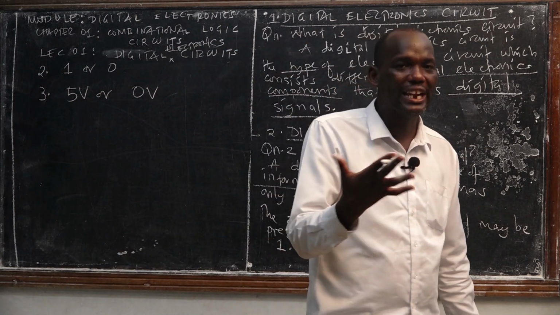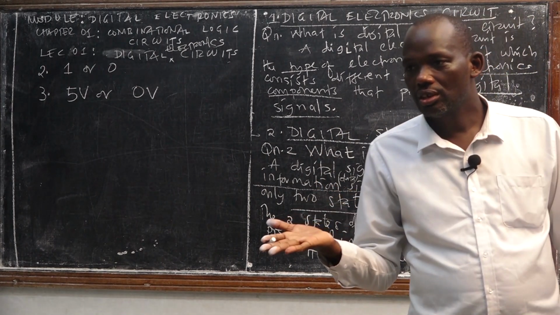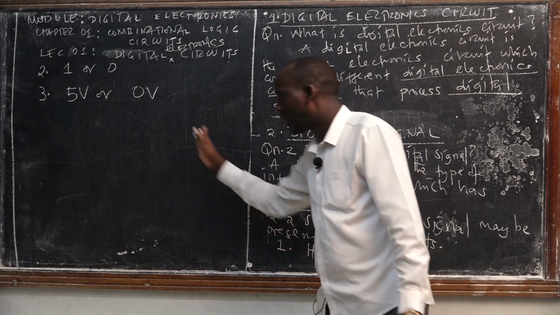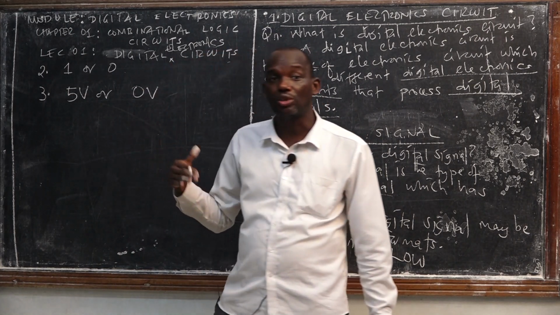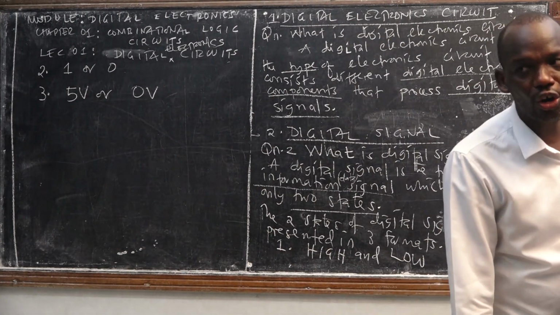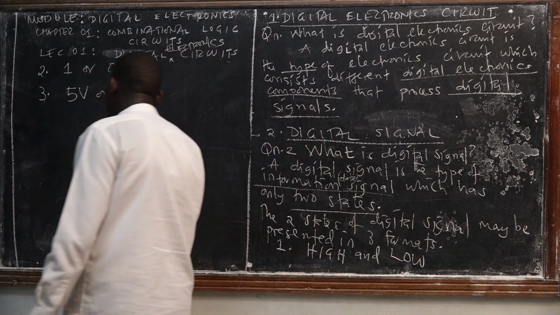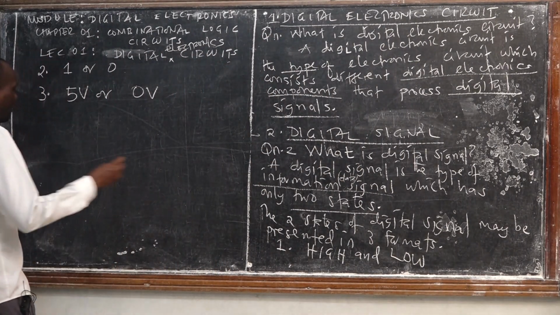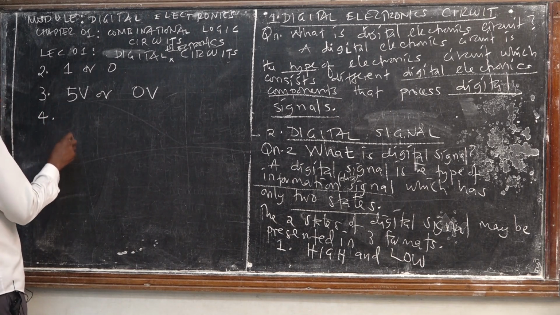In terms of Boolean algebra, we present these digital signals as 1 and 0. In terms of real or practical electronics, we represent the 1 or 0 in terms of voltage: 5 volt or 0 volt. Sometimes you can find in some books that this 5 volt can be broken down.